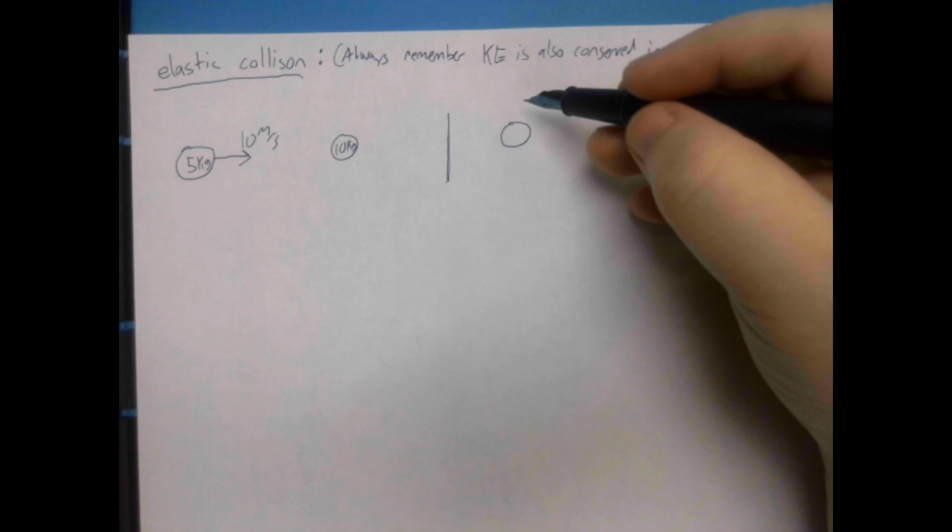We can do a few simplifications here. This is just going to be 50 kilograms meters per second, now equal to 5 kilograms times V1 plus 10 kilograms times V2.